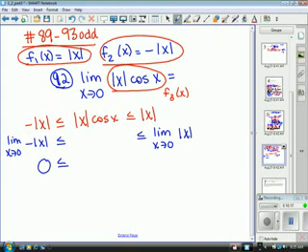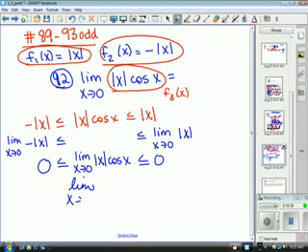Since I know that's 0 and I know this is 0, then I know the limit in the middle is 0. So by the squeeze theorem, we know that's true.